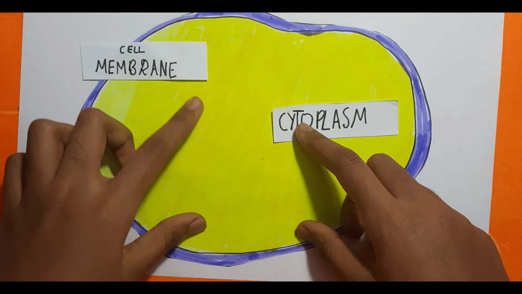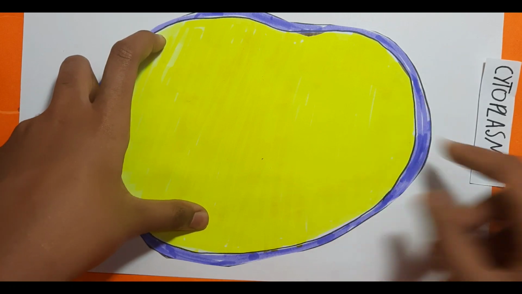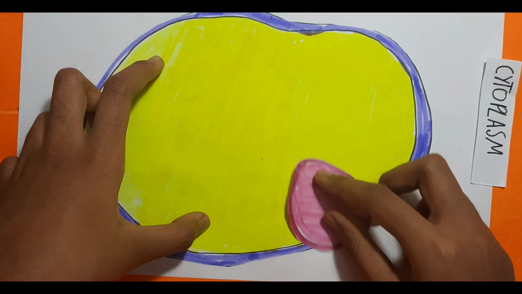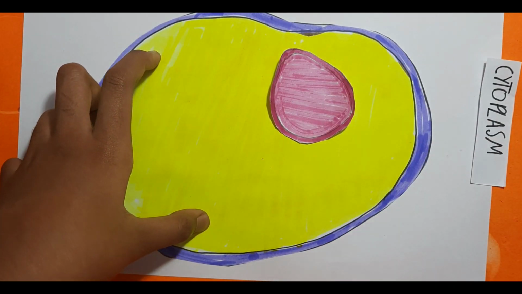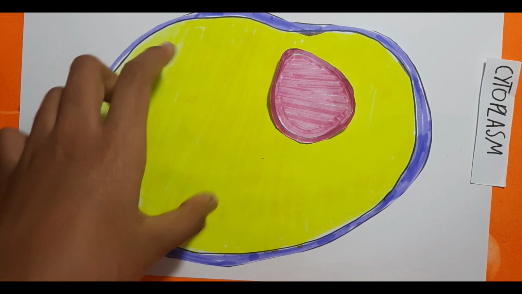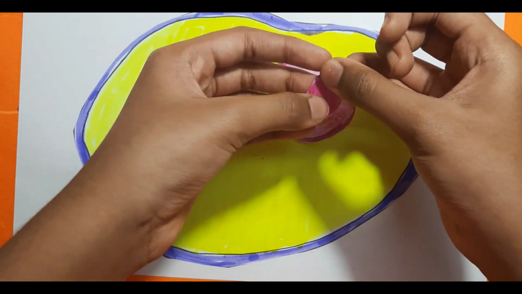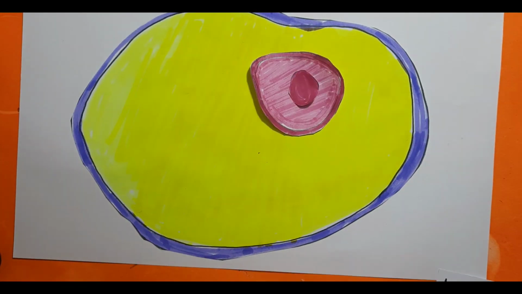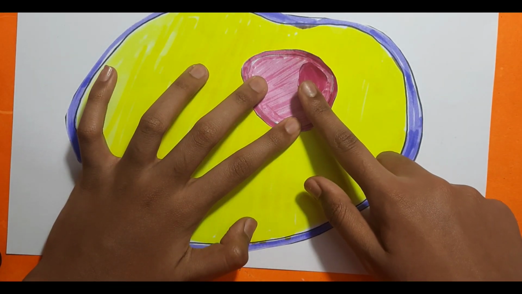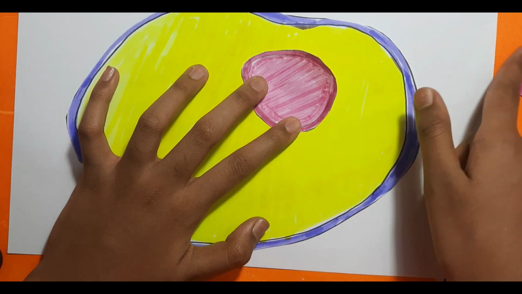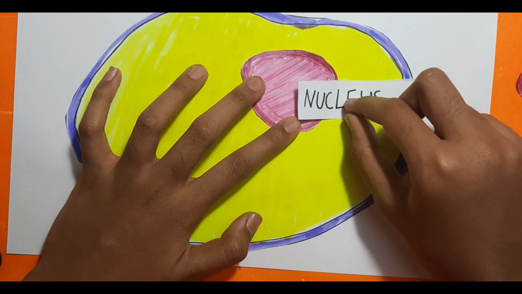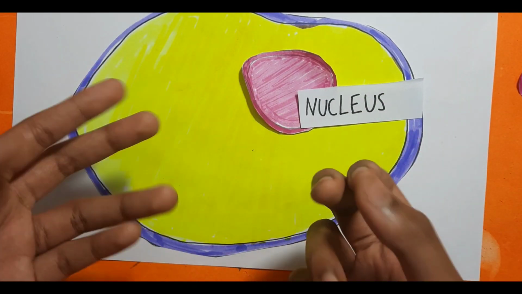Now let's move these 2 out of the way. And now let's go to the nucleus and the nucleolus. Where's my nucleolus? Here it is. Okay, so let's just move the nucleolus out of the way and let's learn about the nucleus. So what is the nucleus?